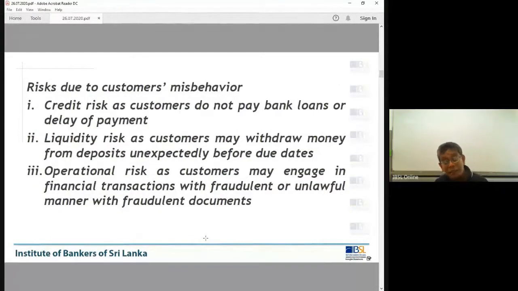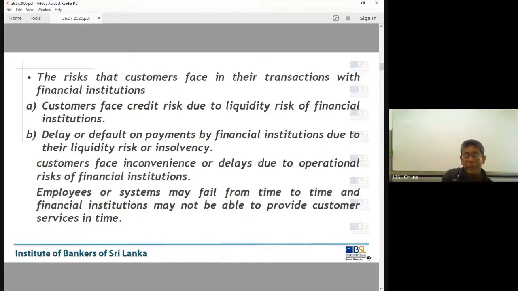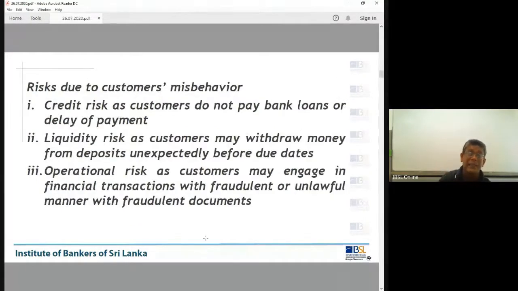Risk due to customers' misbehavior. What is the risk going to be faced by the bank because of customers? Earlier we discussed the risk faced by the customer with the bank. Now we look at the risks faced by the bank due to customers' misbehavior. First one, again, the credit risk. Why? Customers pose credit risk as they do not pay bank loans or delay payment.